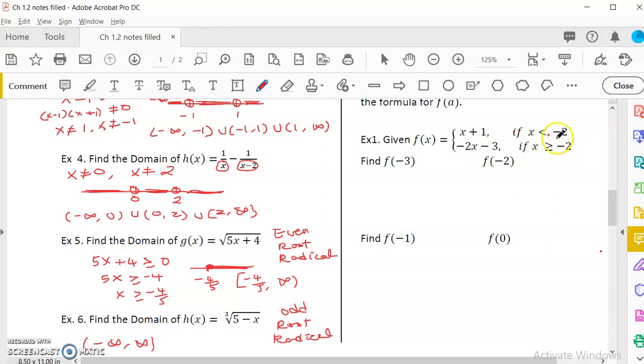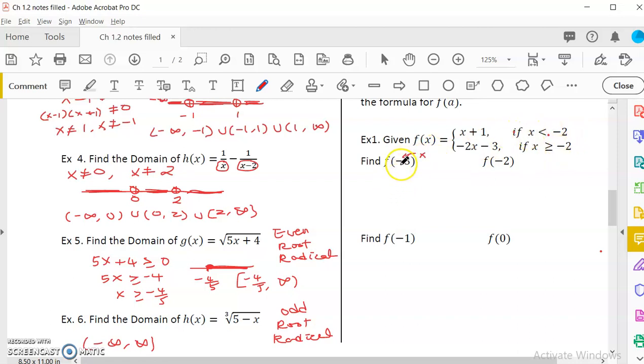At times, there may be cases where some value is not defined, so it would just be undefined. But most of the time, all x values are defined. So find f of -3. When we do that, we need to look at this x input first. x is -3. So we check the domain to see where x falls.